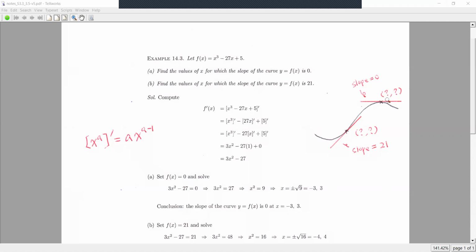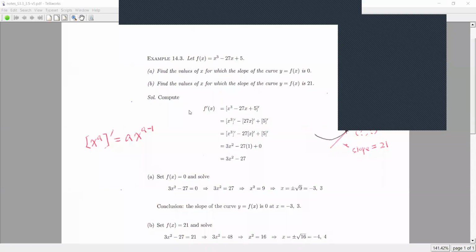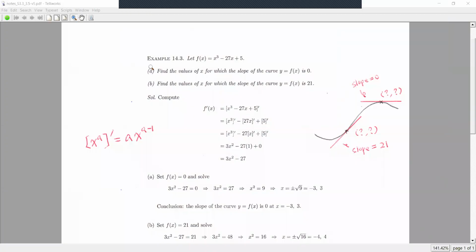Similarly, at some other point, the tangent line has slope 21. You need to determine the x-coordinate of this point. To answer the questions, we compute derivative of the function because derivative is slope of tangent line.